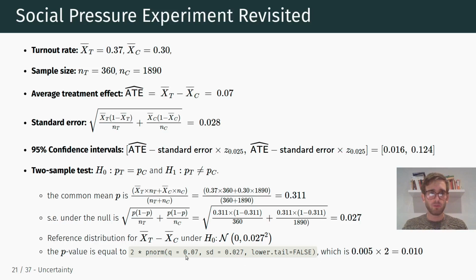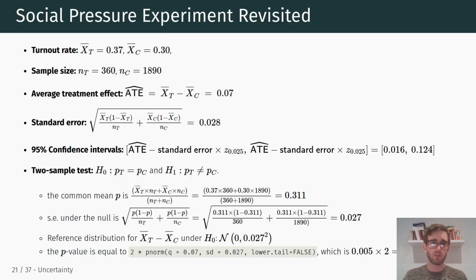If we run this in R, the result is about 0.005, so that times 2 is 0.010. In other words, based on the observed difference between treatment and control, we reject the null hypothesis that the treatment and control group have the same turnout rate in the population at a 0.05 significance level.